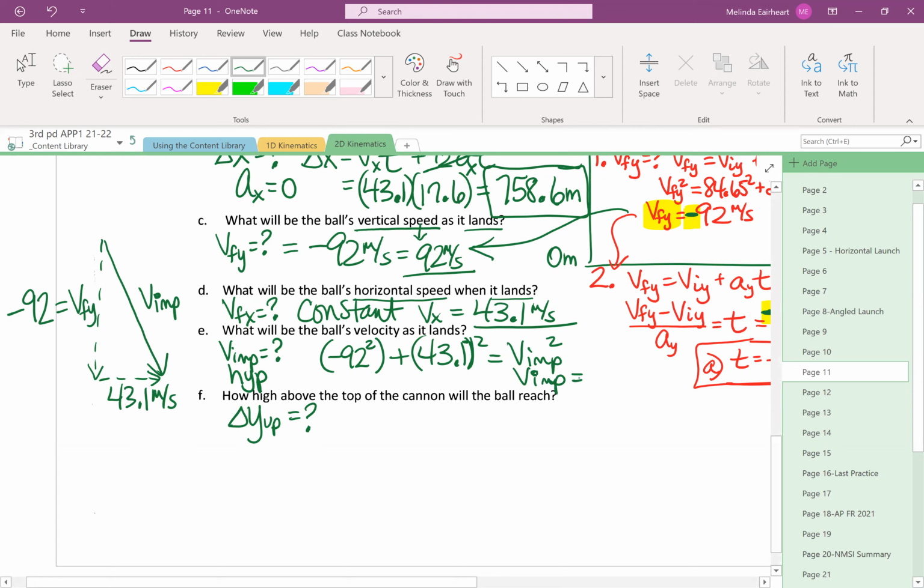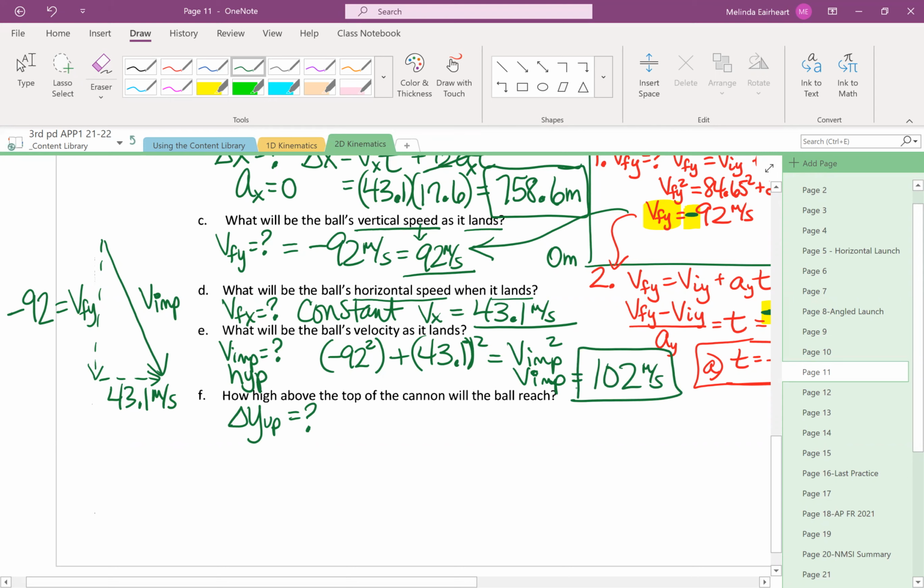So square, square, add, square root. Let me know what you get. Okay, so it rounds to like 102. And so 102 meters per second. And that is greater than 95.